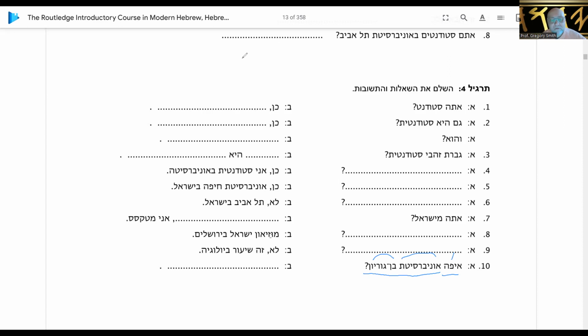So we would put lo. I'll try to get lo spelled right this time. Lo. No. Let's see here. I'm not going to write out all that big Universitat Ben Gurion, but that's what goes there. Lo, Universitat Ben Gurion is in, you could say Beersheba.